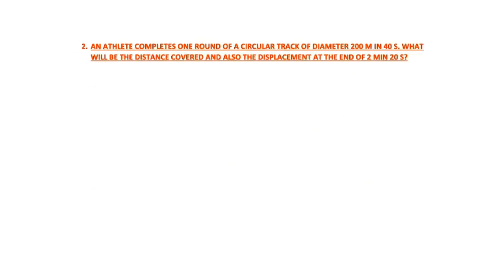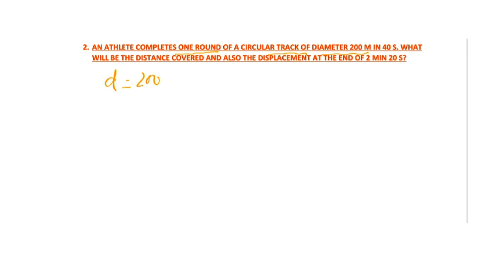Now the question is, an athlete completes one round of a circular track of diameter 200 meter in 40 seconds.